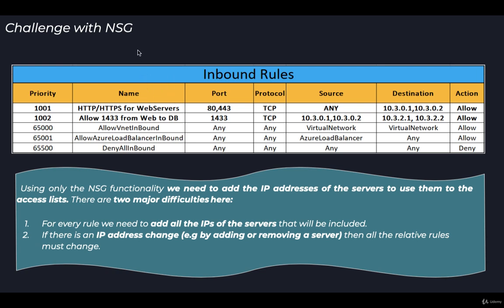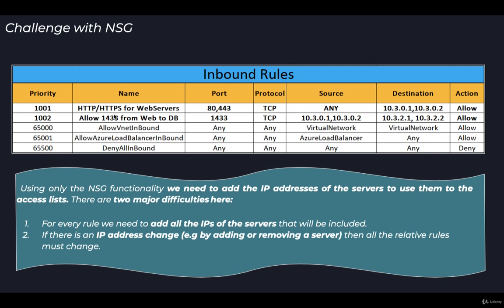To understand how the application security group works, we need to understand the challenge with the NSG. Think of a subnet where we have a couple of web servers and DB servers. To allow that traffic to communicate, how would we create the NSG?